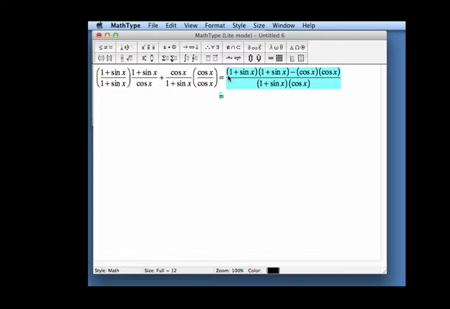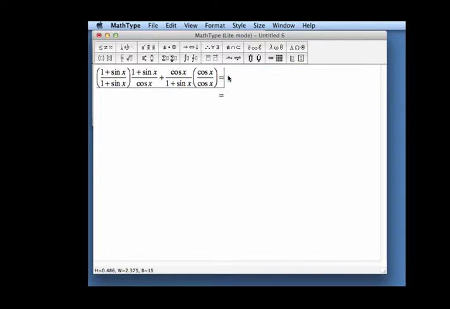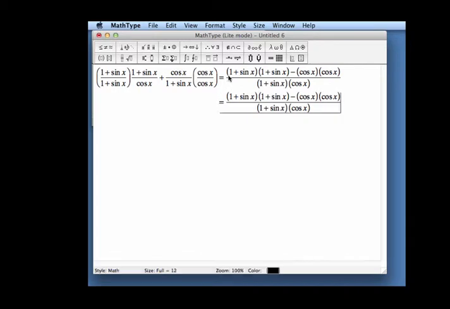So let me simply copy and paste this a little bit. And let's leave the bottom the same and multiply the top out. This side's easy. That's cosine squared of x. This side is a little bit more tricky. If you use the first, outers, inners, lasts acronym, then I've got 1 squared. I've got 1 plus sine. That's going to be 1 times sine is sine of x.